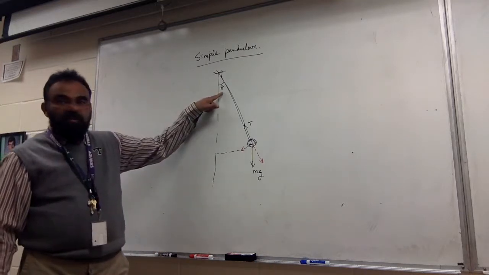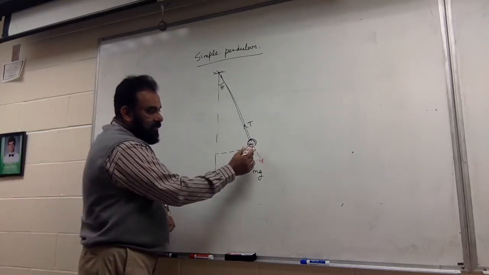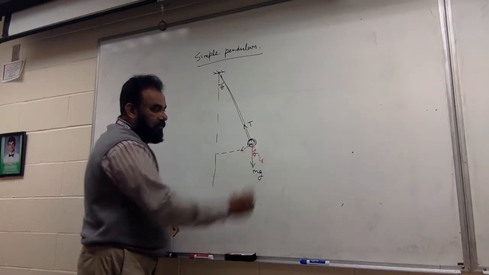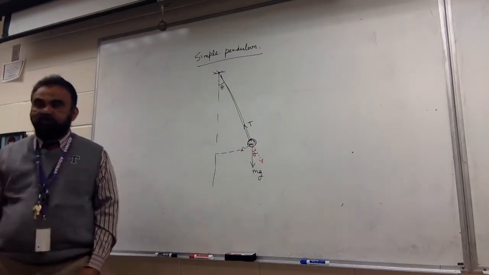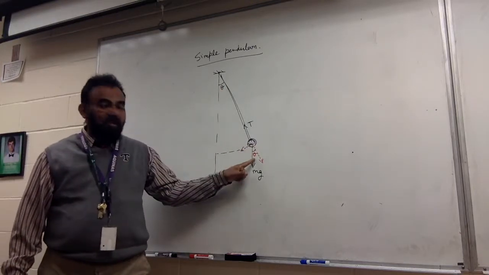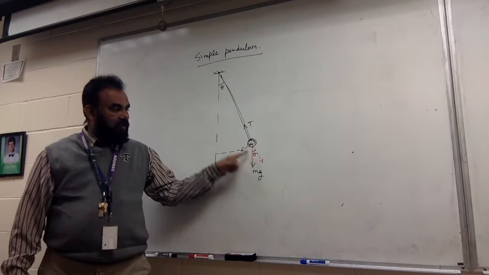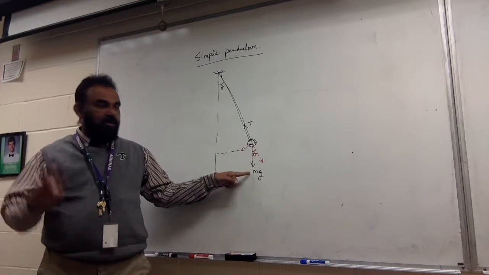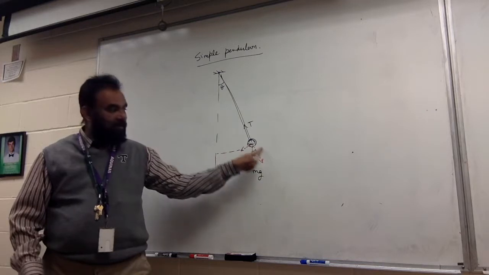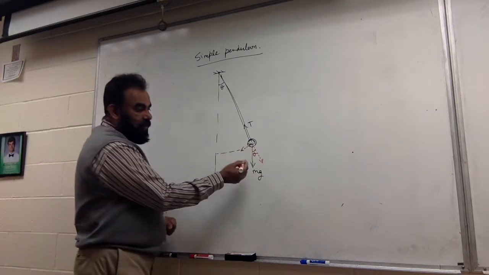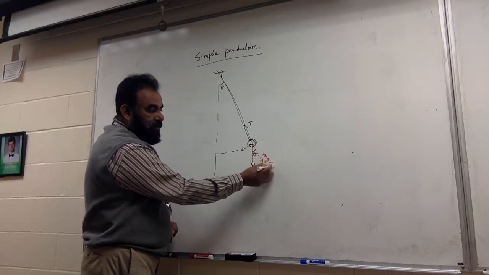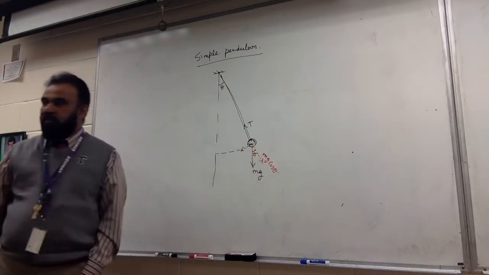If this angle is theta, what is this angle here? If this angle is theta here, this is angle theta also. So when I split mg into two components, one is this way and one is this way, what component of mg is acting this way? mg cosine theta.